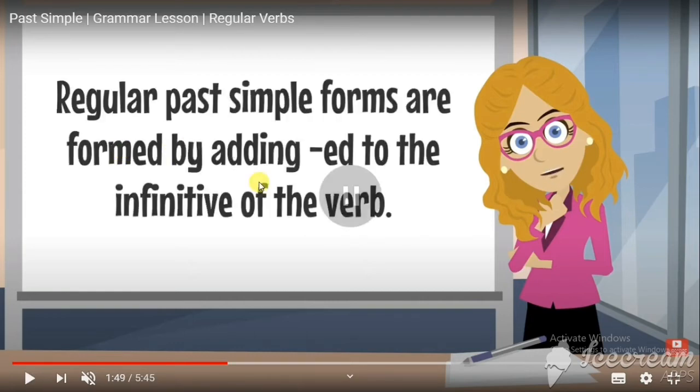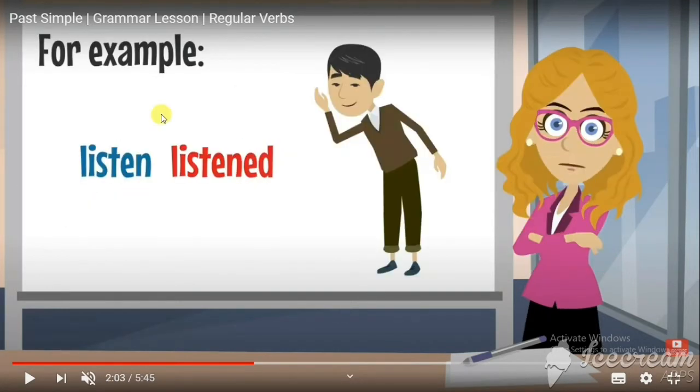For regular verbs, we only add ed to the verb. If we want to form the regular verb in past simple, we only add ed to the verb. Like the verb listen. Listen, listened.